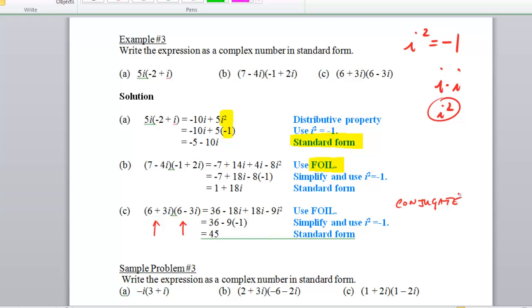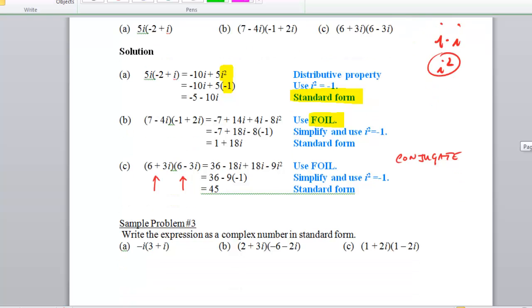Since these are complex numbers, we call them complex conjugates. Whenever we're dealing with complex conjugates, our final answer comes out without any i term whatsoever. It comes out just as a real number. So something to keep in mind for the next video.